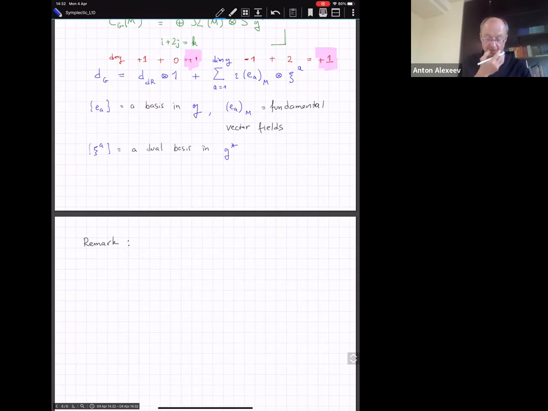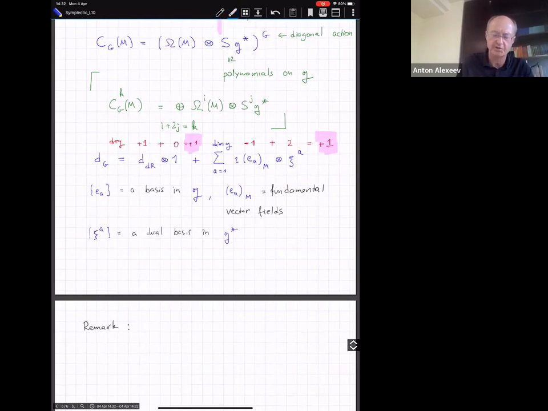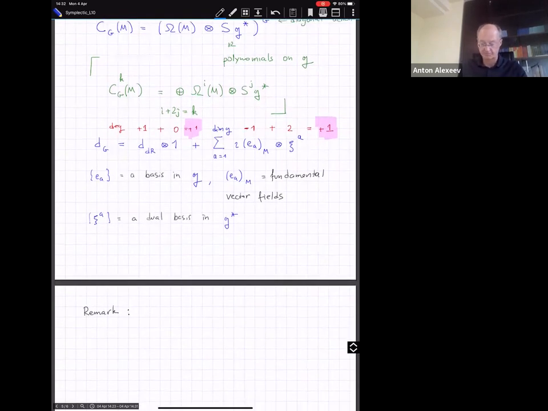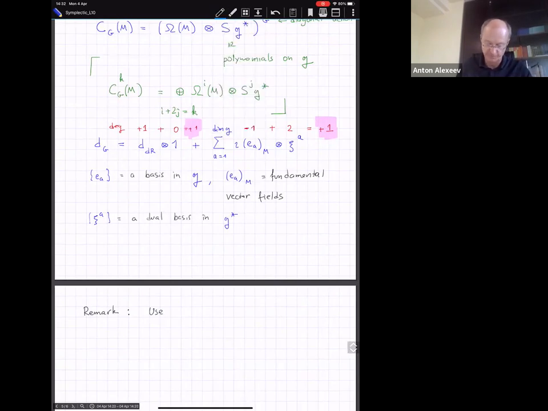So here is a remark. As I said, this symmetric algebra of g star is a somewhat abstract notion. Perhaps it's better to work with polynomials on a Lie algebra. So let's use this isomorphism, as g star is the same as polynomials on g.